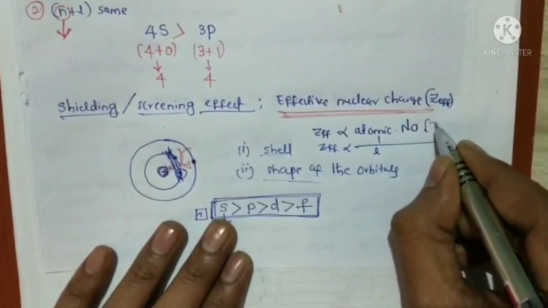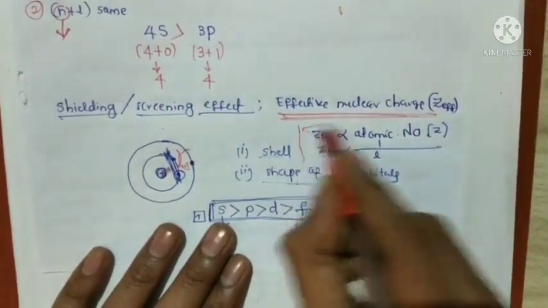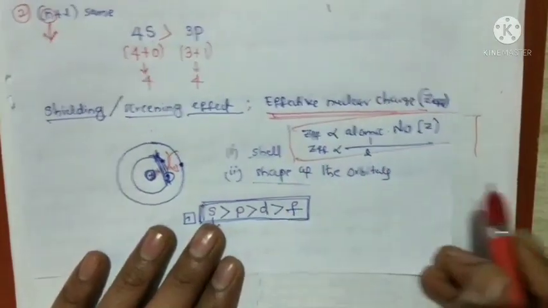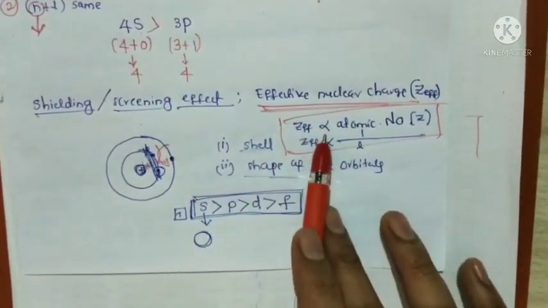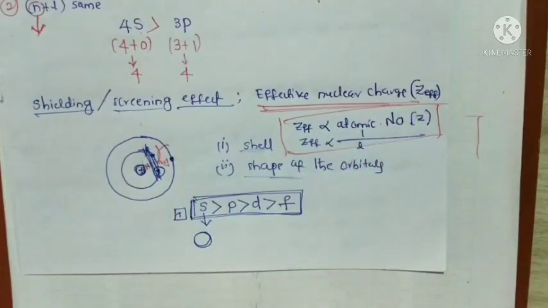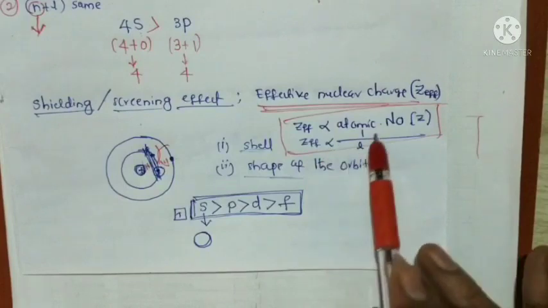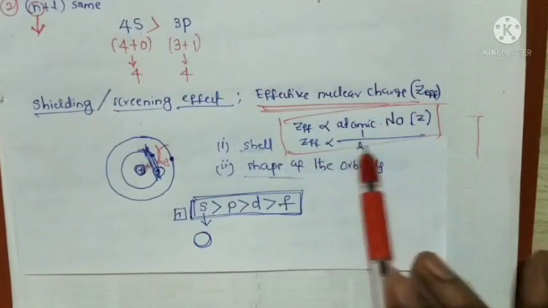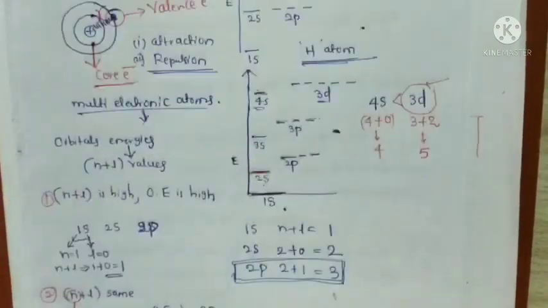Here the atomic number is Z. So these two points are very, very important. Effective nuclear charge is directly proportional to atomic number Z, and inversely proportional to l.